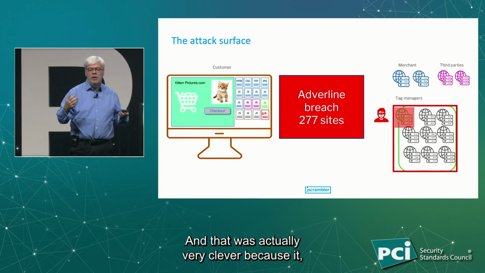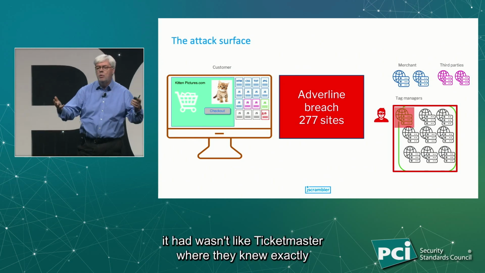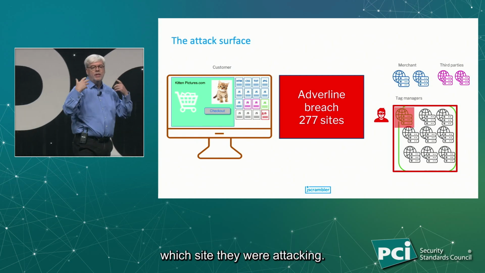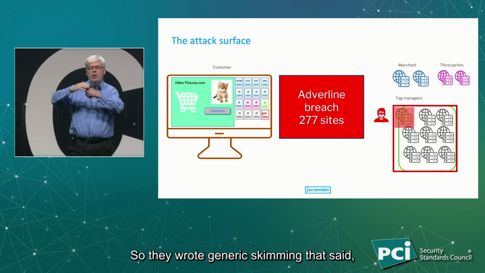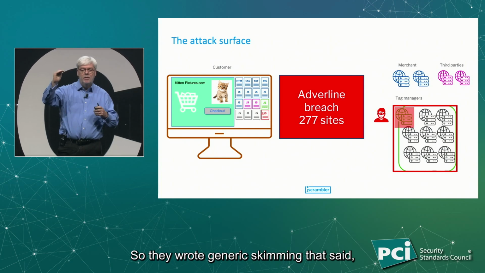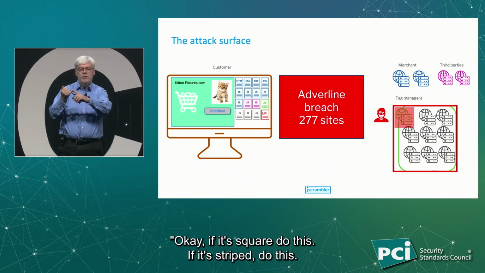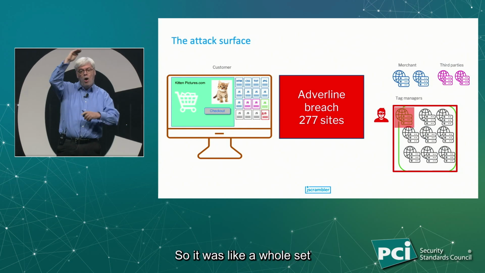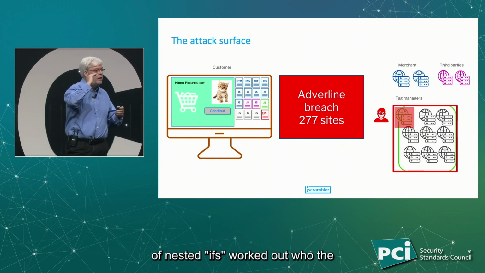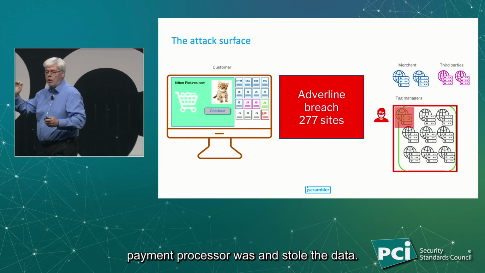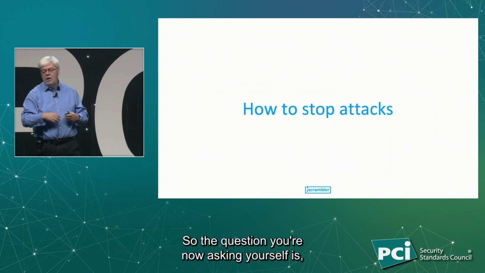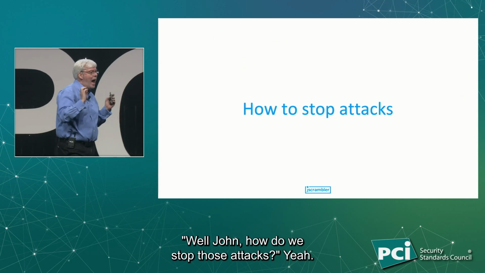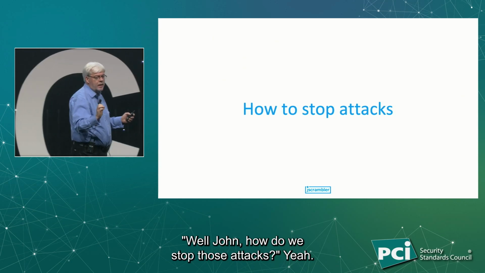And that was actually very clever, because it wasn't like Ticketmaster, where they knew exactly which site they were attacking. So they wrote generic skimming that said, OK, if it's Square, do this. If it's Stripe, do this. If it's FIS, do this. Right? So it was like a whole set of nested ifs, worked out who the payment processor was, and stole the data.